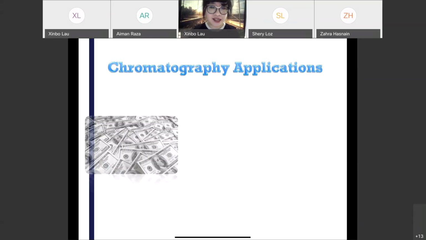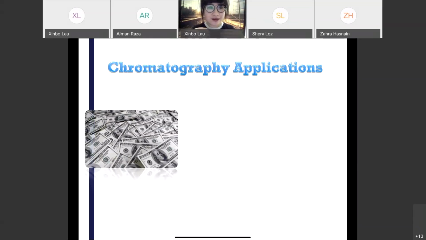So, chromatography applications. Of course, we learn all these instruments, we want to know when we can use them and when they relate to our daily life, that's what we're most interested in. Like, oh, I could use that instrument to do this. So for the first one, we mentioned we can use chromatography to study what's on the actual dollar bill.